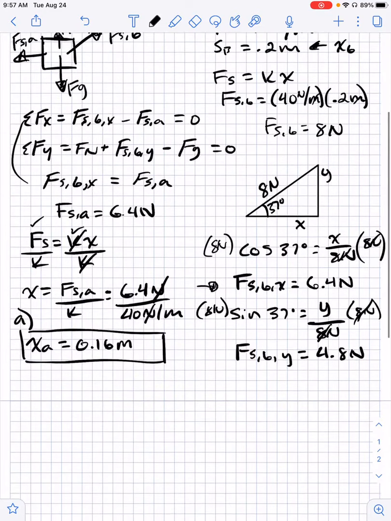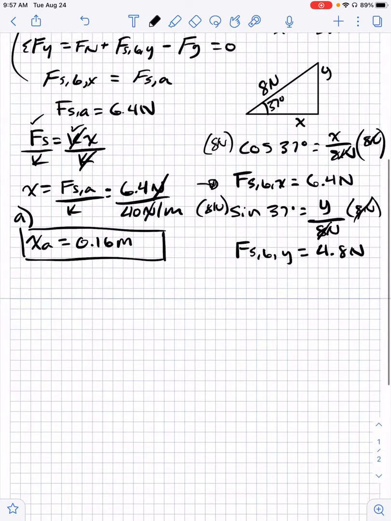Okay, right back up here, we said that in the y direction it was a normal force plus the y component of spring B minus weight is equal to 0. So let's rewrite that right down here. So normal force plus the y component of spring B minus the weight is equal to 0.